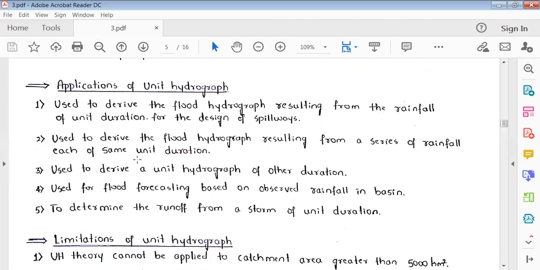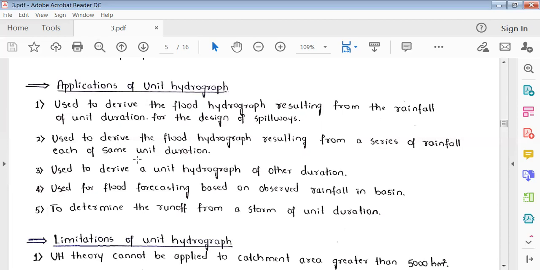And it is used to derive a unit hydrograph of any other duration. So if you have rainfall data or the runoff hydrograph of say 8 hours, from that you can reduce it and make it a unit hydrograph, that is a 1 hour hydrograph.